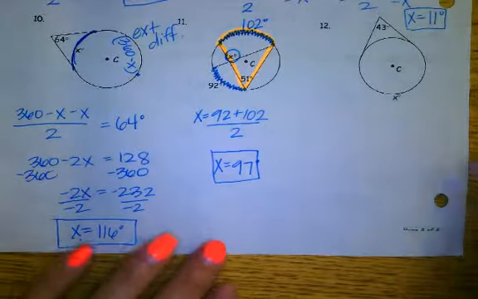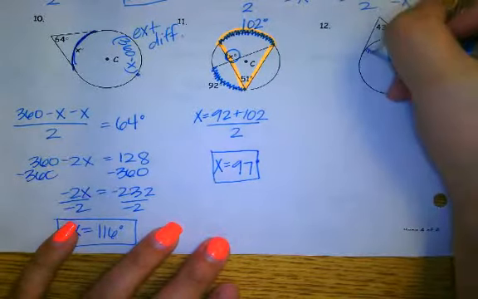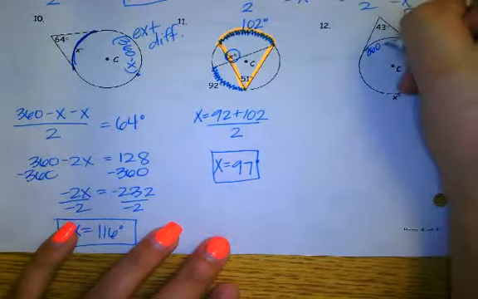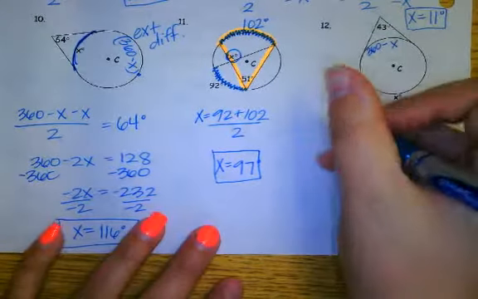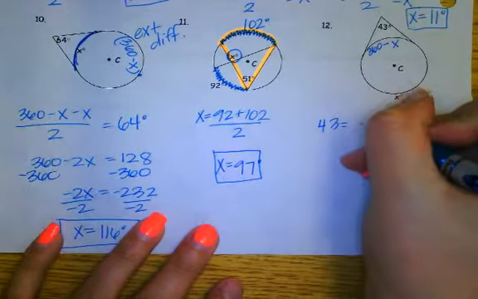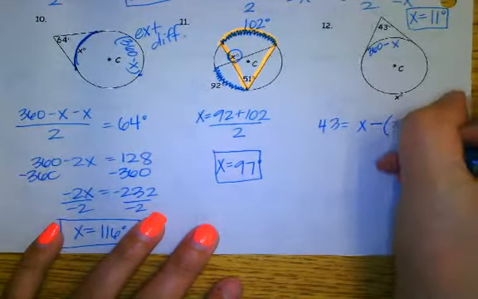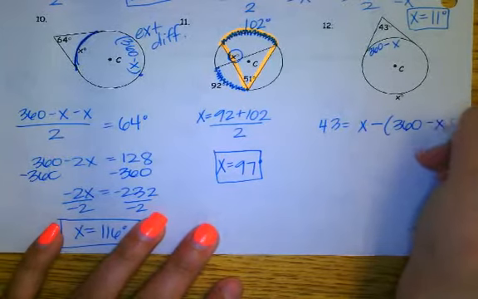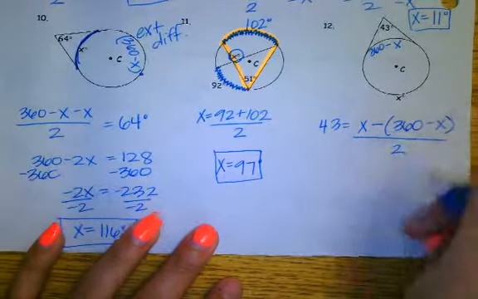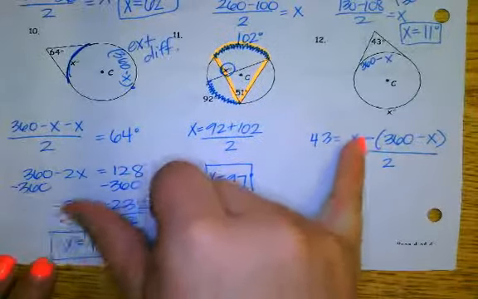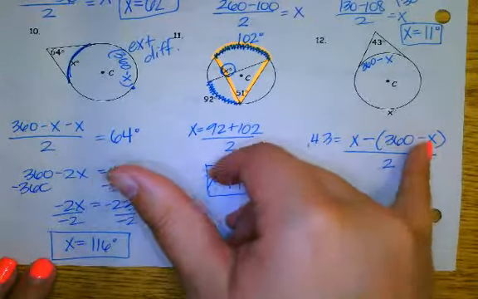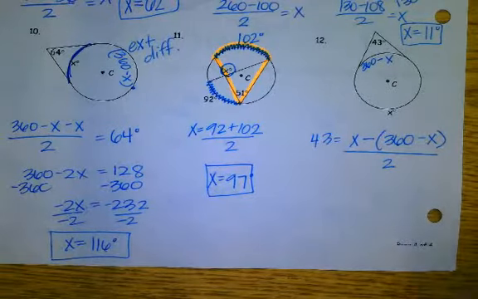Okay, for 12, how would you label your arcs? So this is x. This one would be 360 minus x. Okay, so I have 43 equals x minus parentheses 360 minus x over 2. Remember that when you're subtracting an entire value, put parentheses. Otherwise you would make the mistake of x minus 360 minus x, when it's really going to be a plus x when you're done.